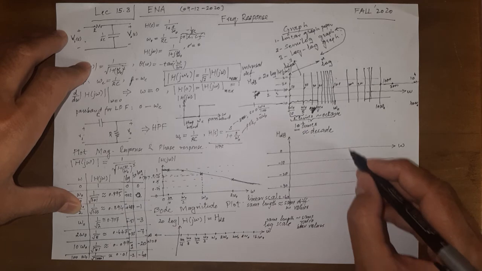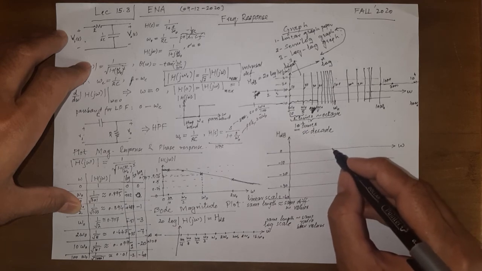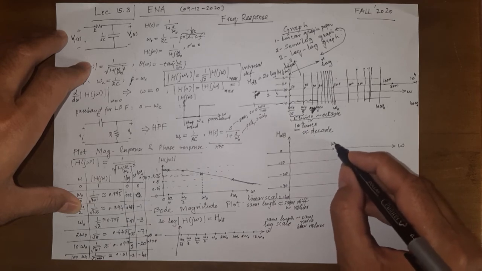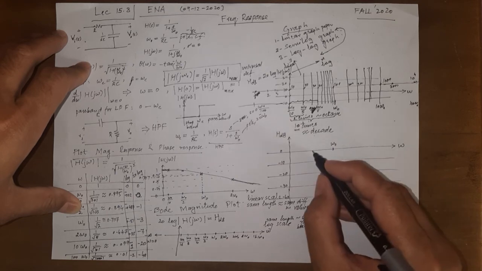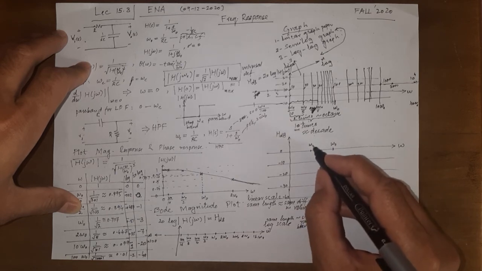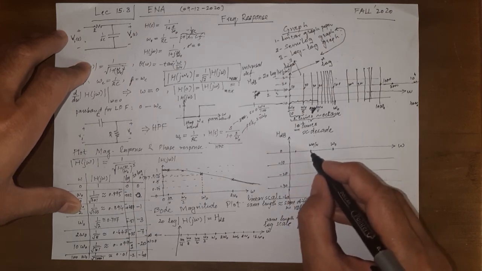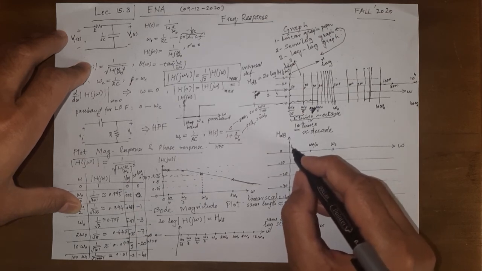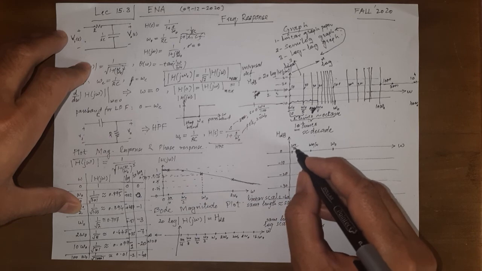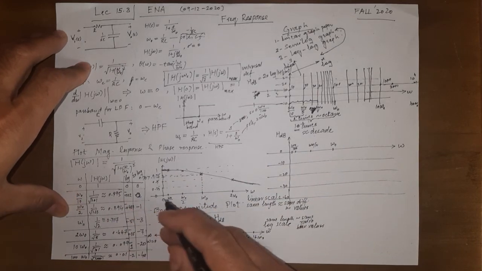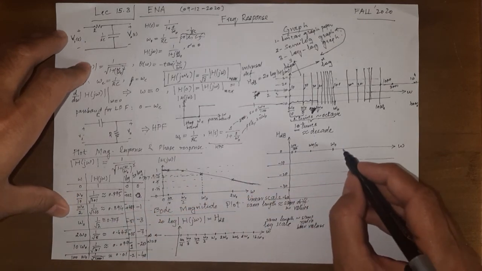Now when I am drawing this, I am assuming this to be omega naught, and I am taking this to be omega naught by 10, and this to be the same distance as omega naught by 100. I have not taken that value here, but just assume this.